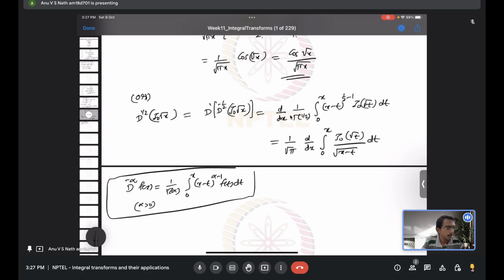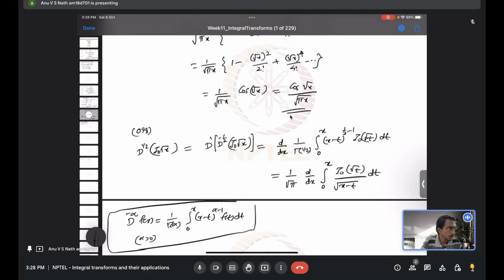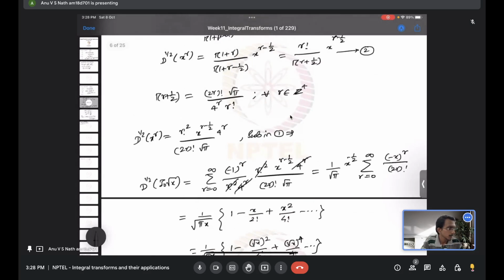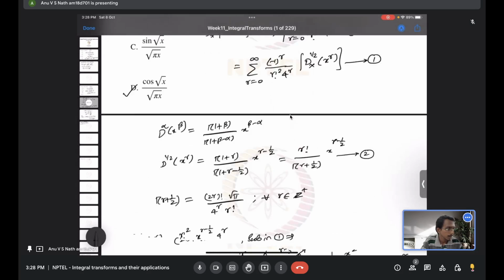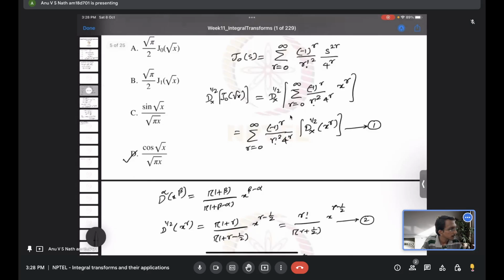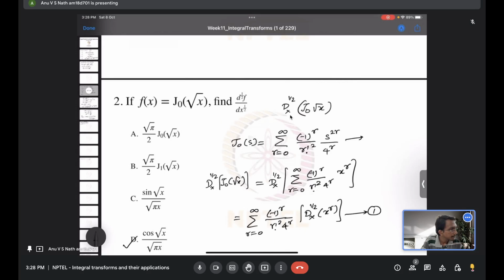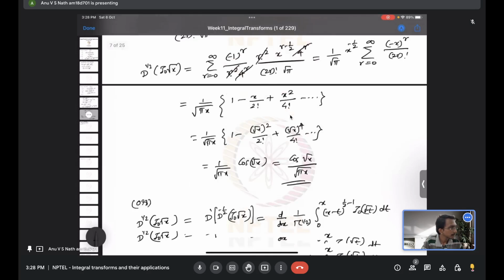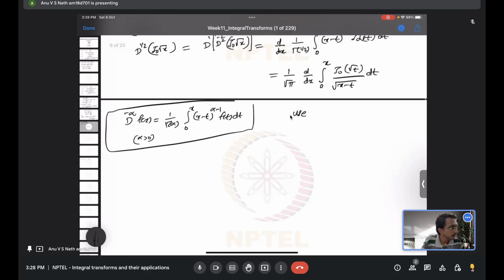But from here, how will you evaluate this? That's the trickier part. Still, you can use the expression for j0 root t that we had earlier for expanding j0 root t, and then it will be a polynomial expansion.